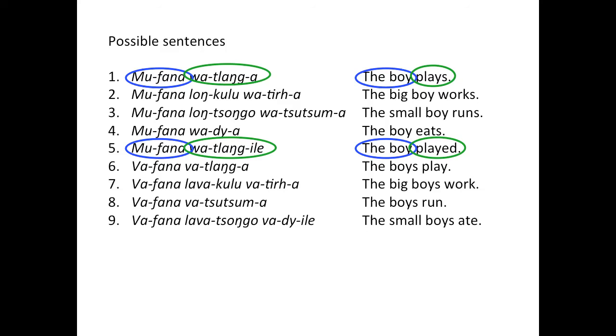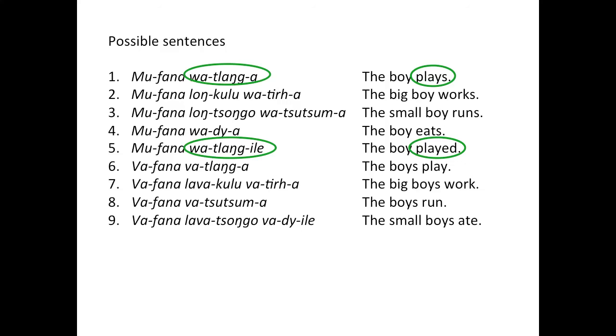Notice that mufana consists of 2 morphemes. We've given you the morpheme boundaries for this problem, but we can't have much of an idea at this stage which bit of the word means what. For watlanga and watlangile, we can hypothesize that these are different forms of the verb play.